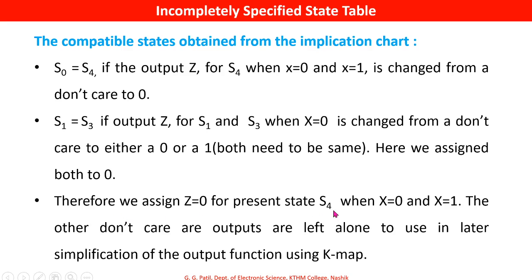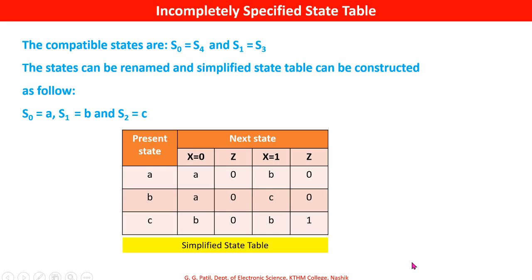Therefore we assign z equals 0 for present state S4 when x is 1. The other don't cares are left for use in minimization. We have just specified it as 0 in our example. Once we find the compatible states, we can simplify the state table and rename the states.